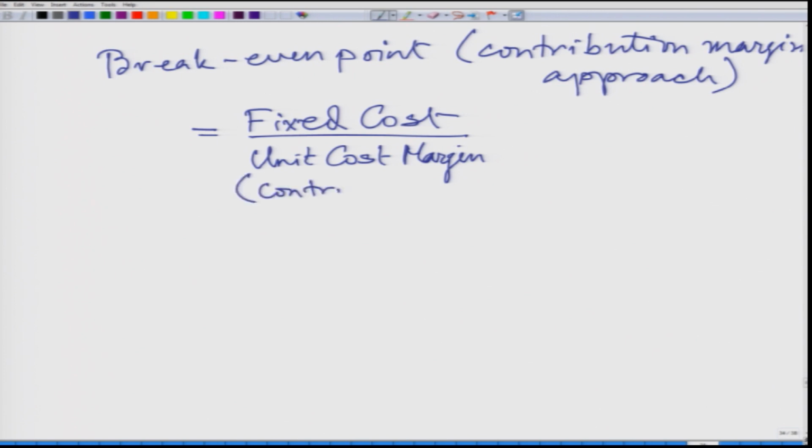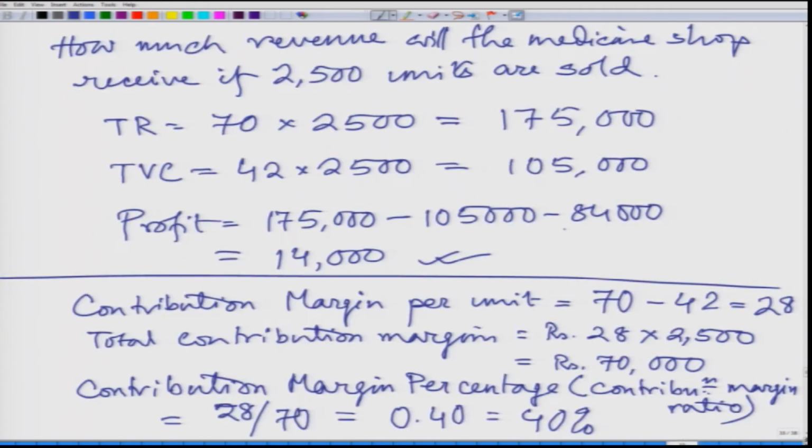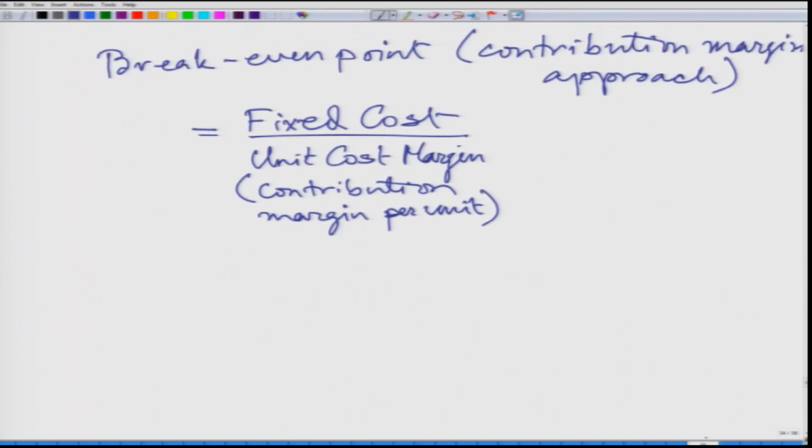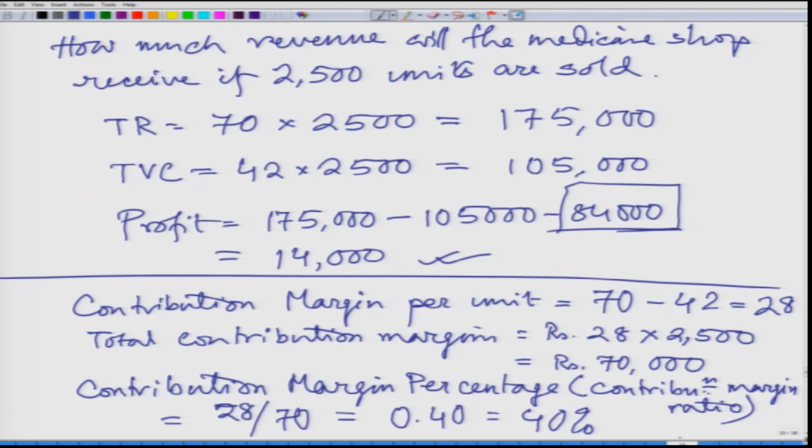I should have mentioned, the unit margin is nothing but the contribution margin per unit. So in my previous example, the fixed cost is 84,000 and my contribution margin is rupees 28, so I can estimate my break-even point as 84,000 by 28, which is 3,000 units.